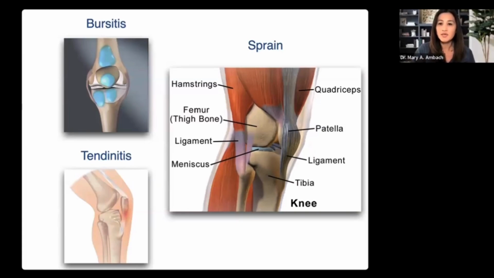And the sprain of your ligaments. Ligament is what connects your bone to your bone. And whenever you don't have a good protective cushioning in your joint, all these structures around your joint get overloaded and overworked. So they become sprained, they become inflamed. So they can cause pain as well.